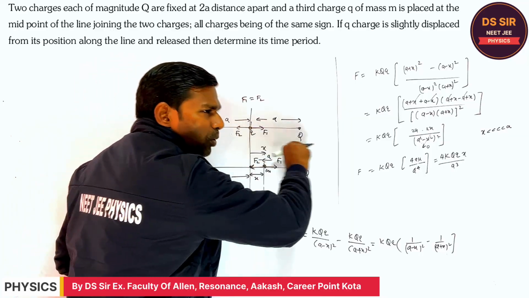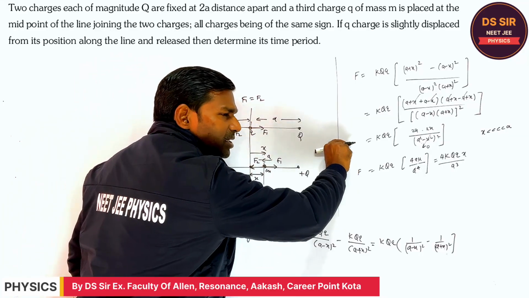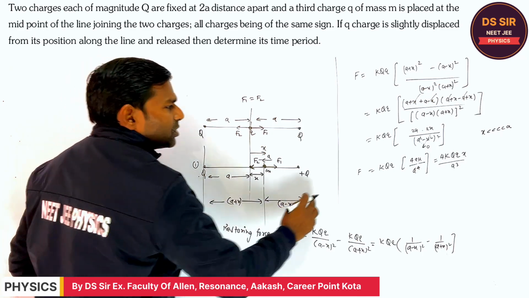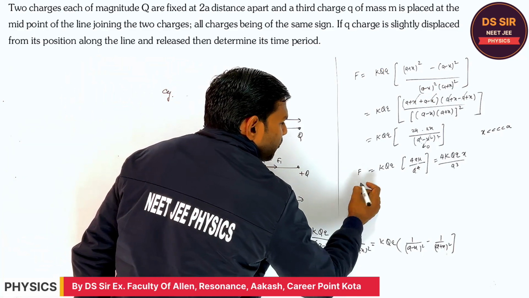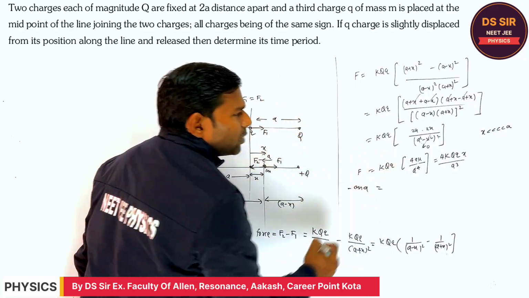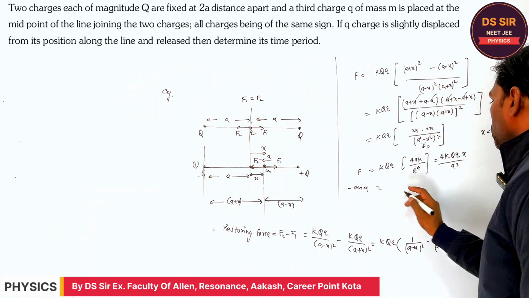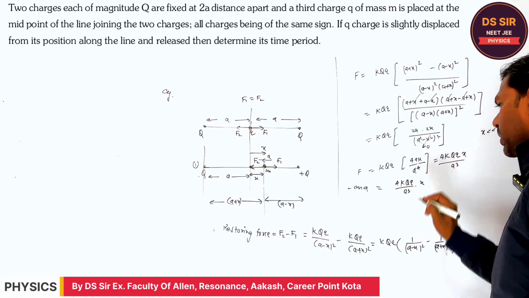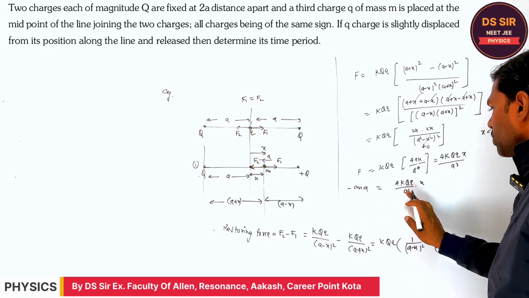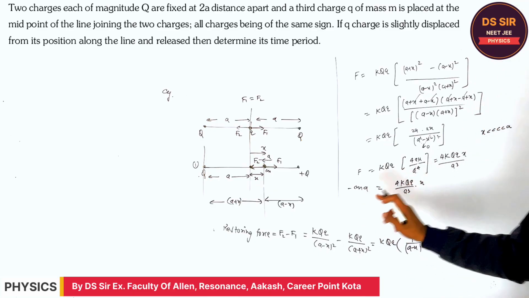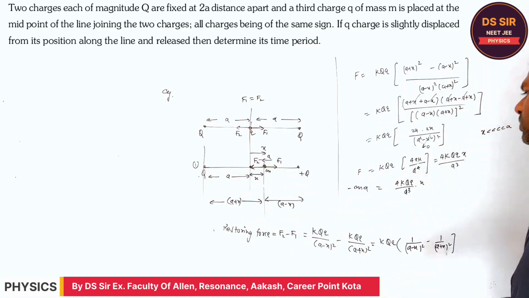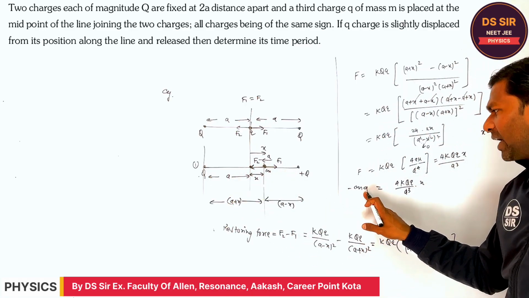So if the displacement is in plus x direction, the acceleration is in minus x direction. So net force will be equal to minus m into a, right? So 4kqq upon a cube into x. Listen one thing, although a is the distance, I am taking this distance as d cube so that you are not confused with the acceleration a.